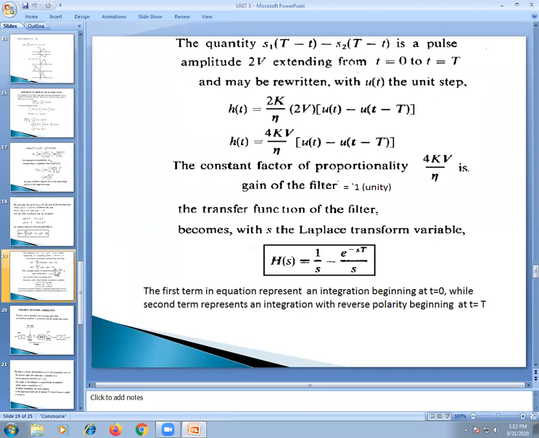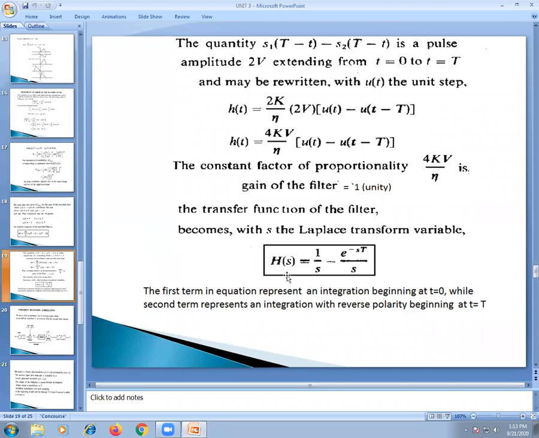Okay. So this is the concept of h(t) being converted to h(s) as a Laplace transform. The first term in the equation represents an integration beginning at t equal to 0 because of the unit step. The first term means 1 by s. h(s) is equal to 1 by s minus e to the power of minus sT by s.